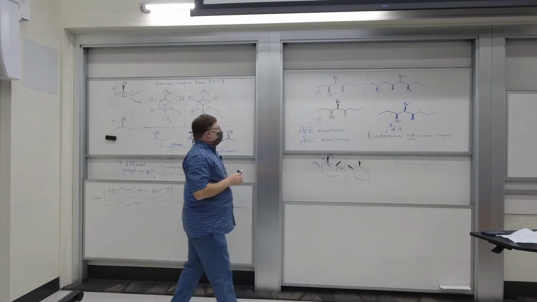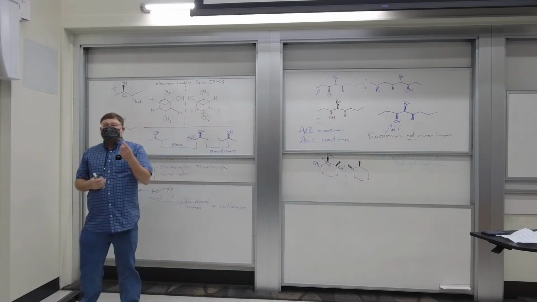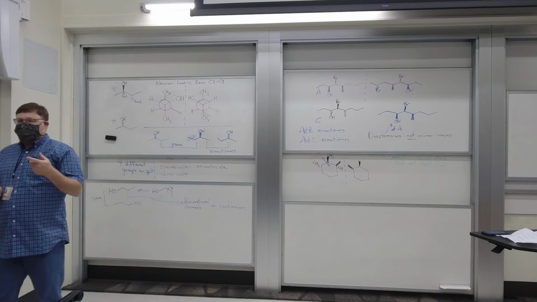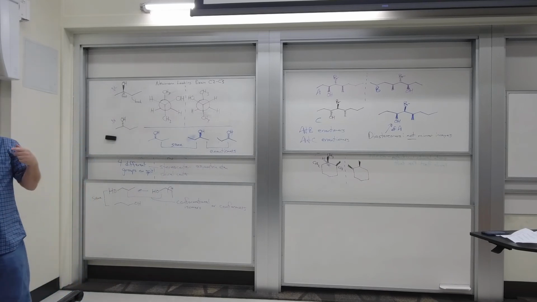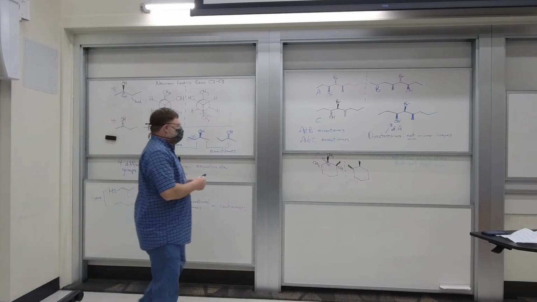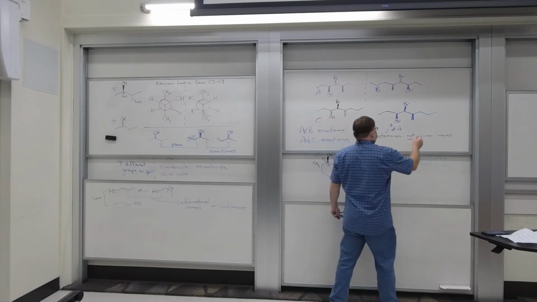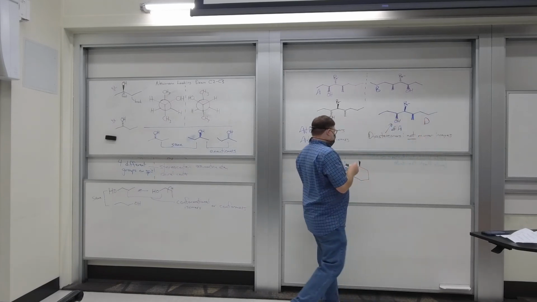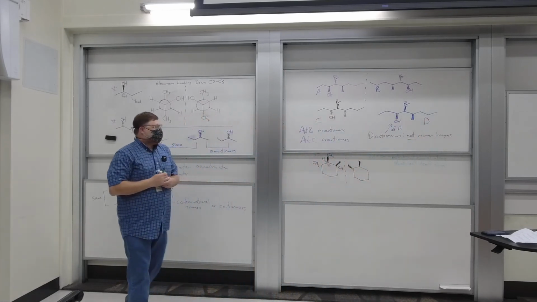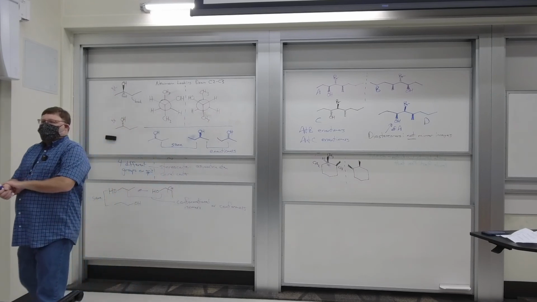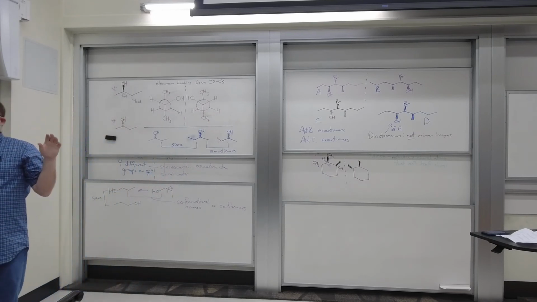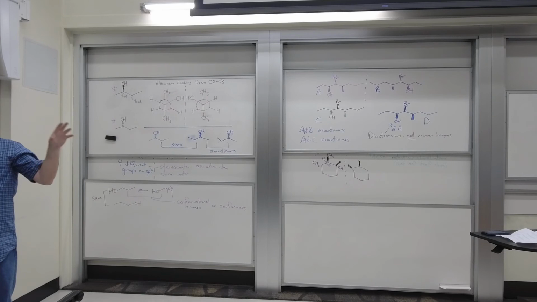So the bromine chiral center changes. The OH and the methyl chiral centers stay the same. So that's a diastereomer. The molecule I just drew, let's call it D, is a diastereomer of A. B and C are the same, remember. So what is the relationship of D with B and C?